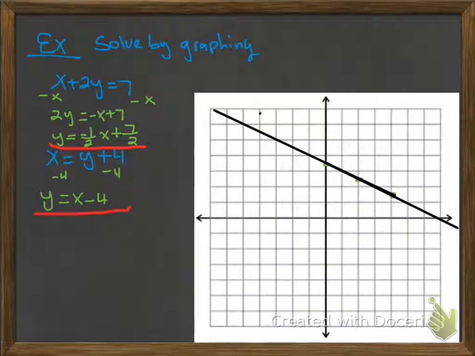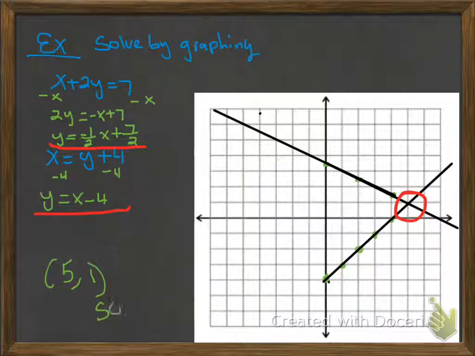That's a pretty good estimate. Now I'll do my next line. It cuts through negative 4, so 1, 2, 3, 4, and my slope is up 1 over 1. Now I can see this is the point of intersection. My solution is (5, 1).